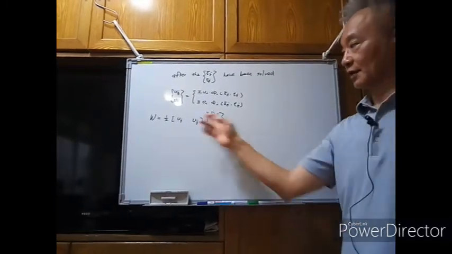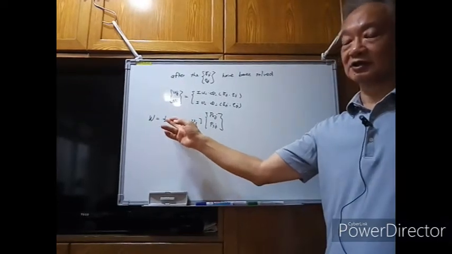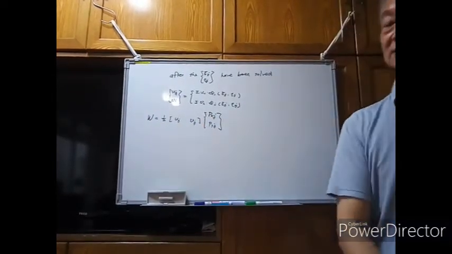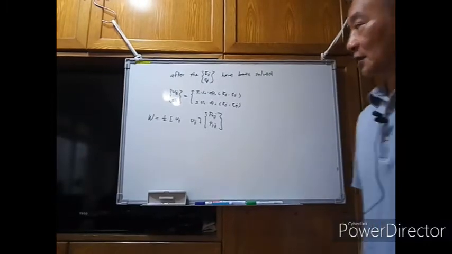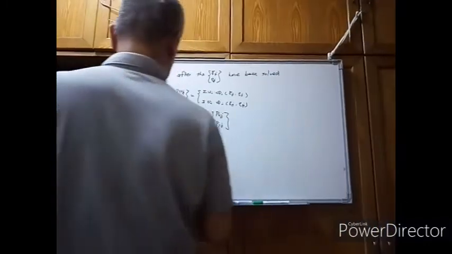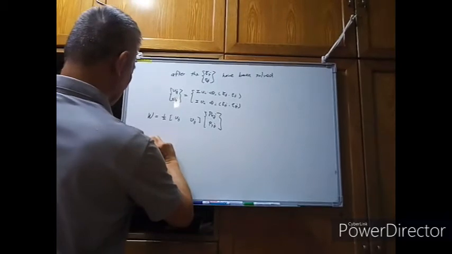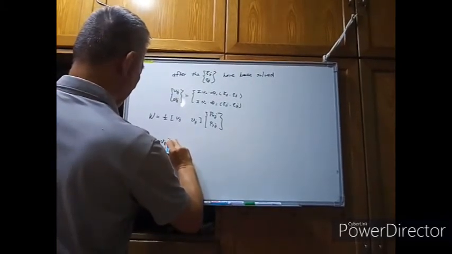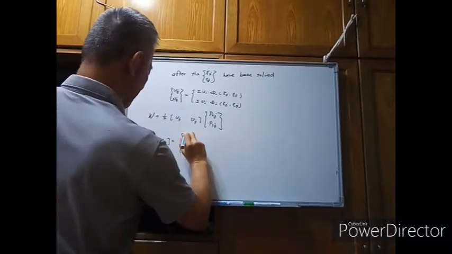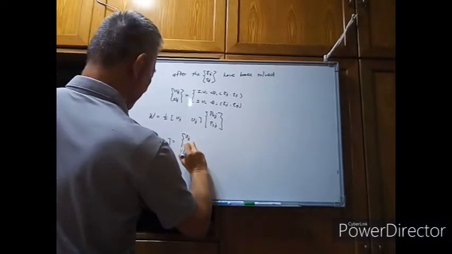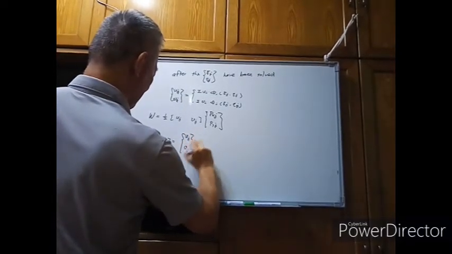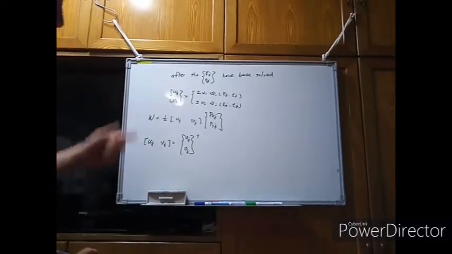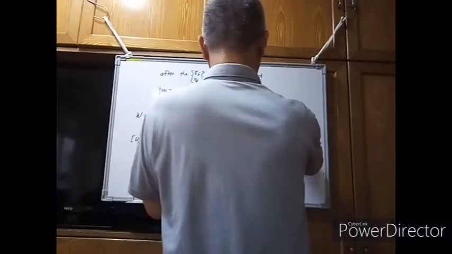If we multiply these together and divide by two, then we get the work done by this force. And the uj and the vj are equal to the vector transpose. And what is the uj and the vj?